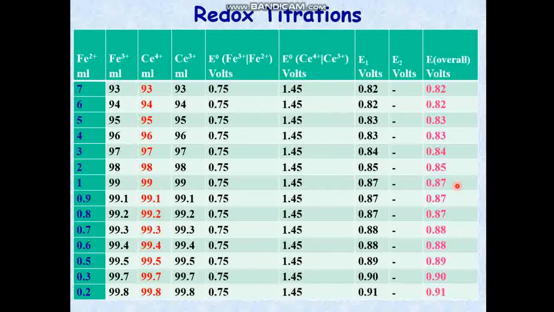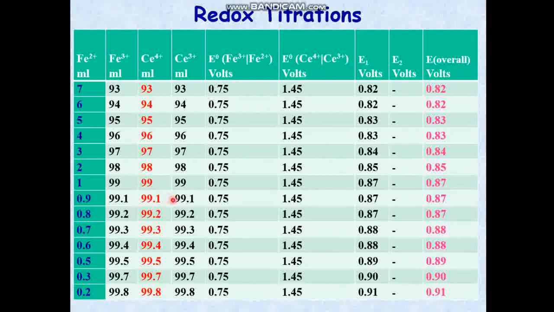That is why the addition has been made in parts of 1 milliliter, and after 99 ml, the addition has been divided into parts of 0.1 ml. So the parts go from 10 ml to 1 ml to 0.1 ml. Gradually the addition has been divided into many small additions so that the exact amount of change is reflected properly.